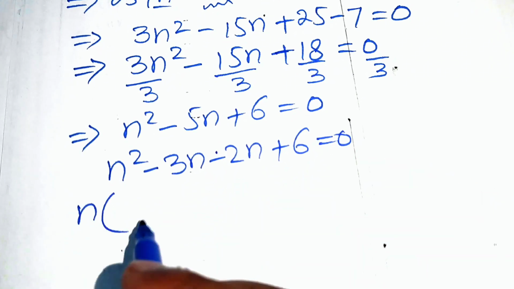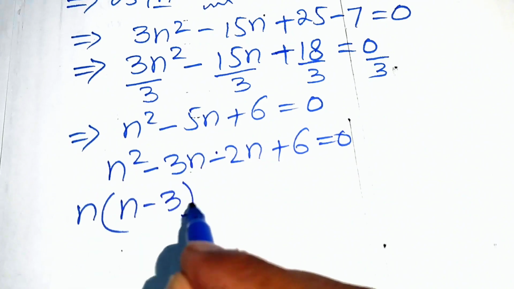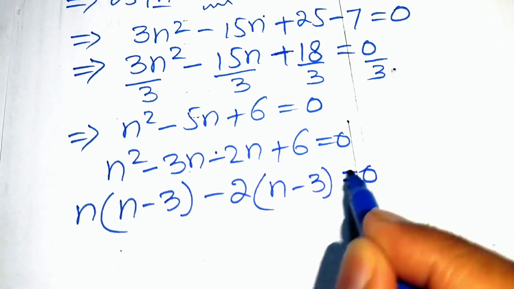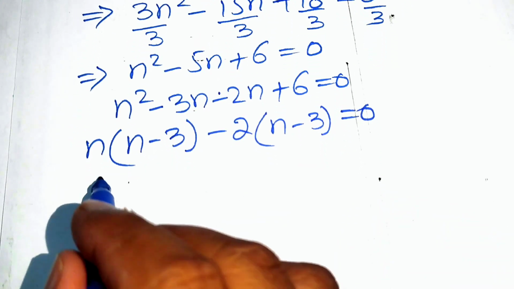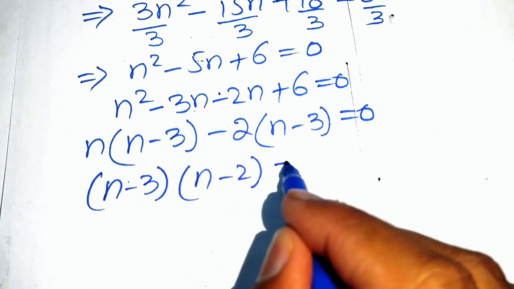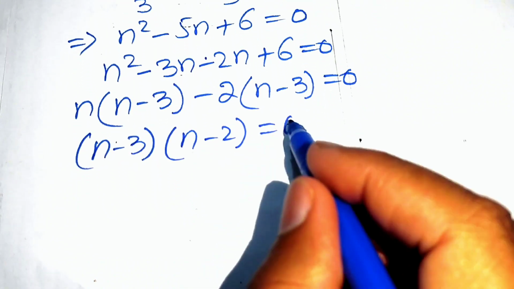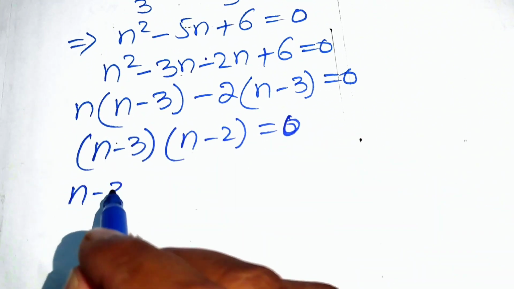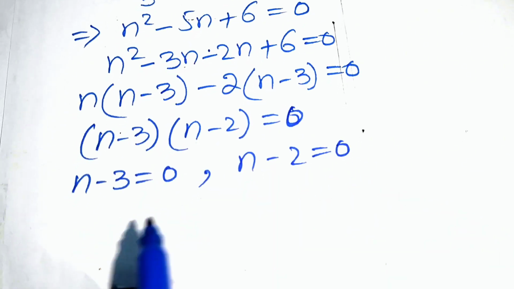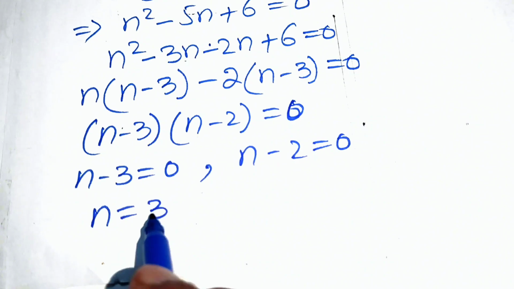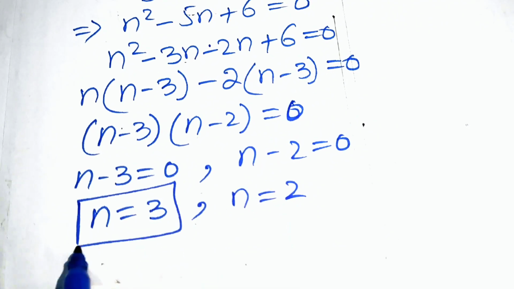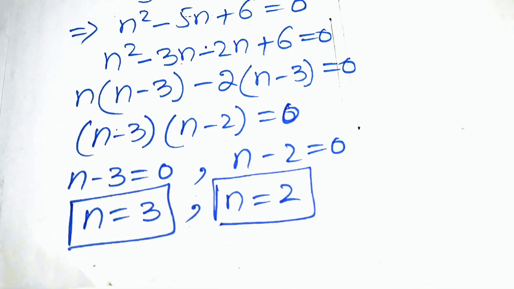We take common n, and get n minus 3, and we take common minus 2, and we get n minus 3, so we take common n minus 3, and we have n minus 2 equals to 0. So we have two cases: n minus 3 equals to 0 and n minus 2 equals to 0. So we get n equals to 3 and n equals to 2.